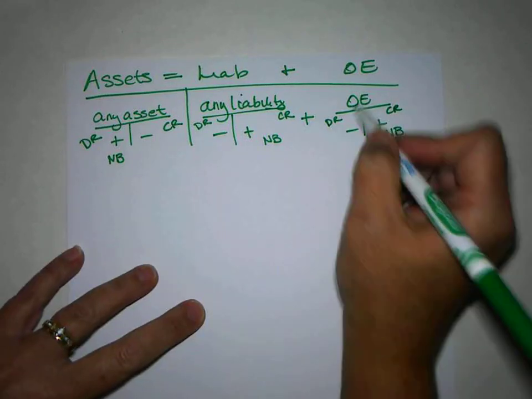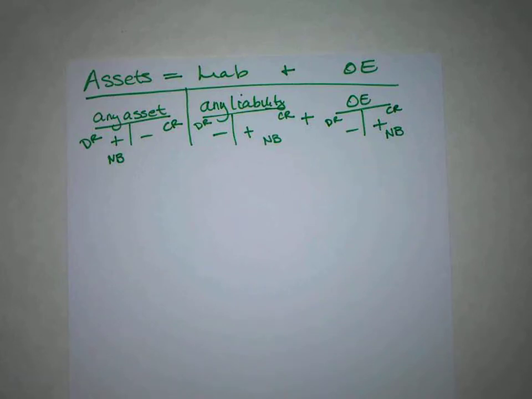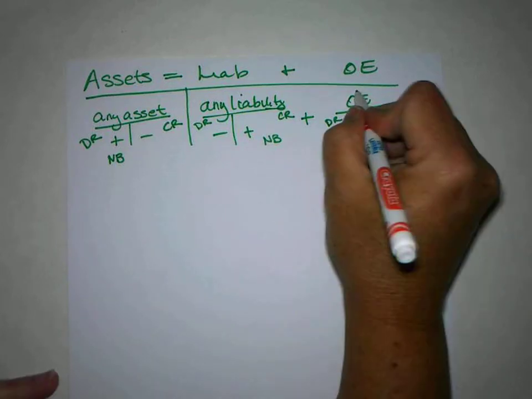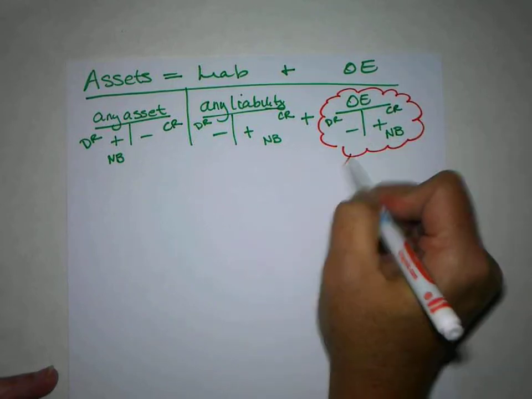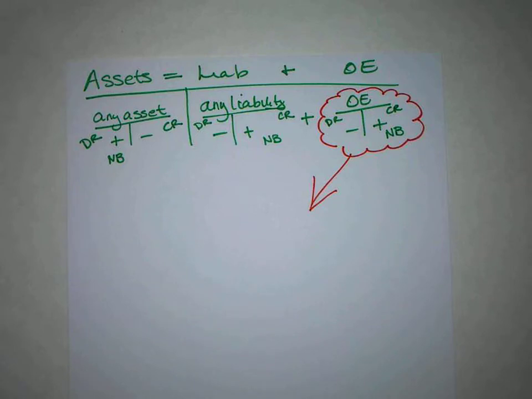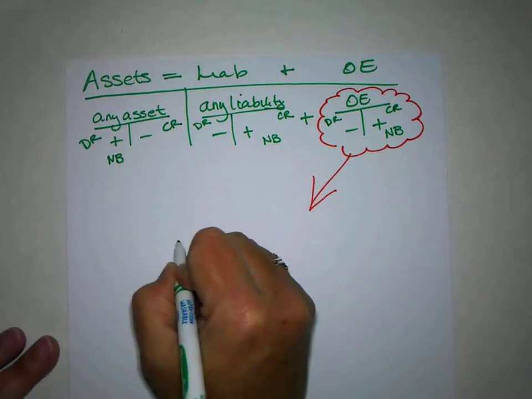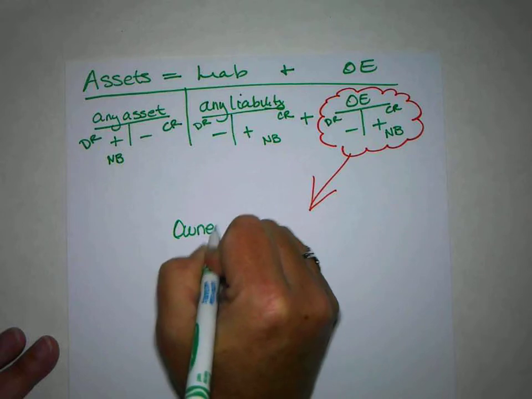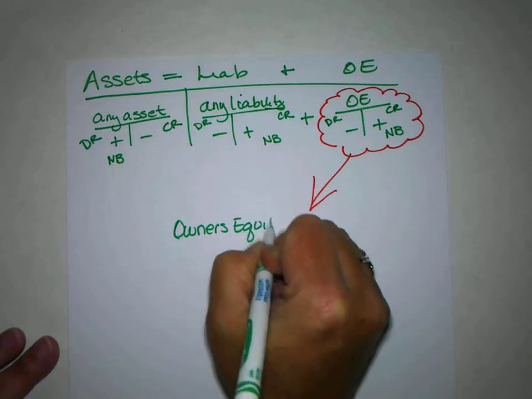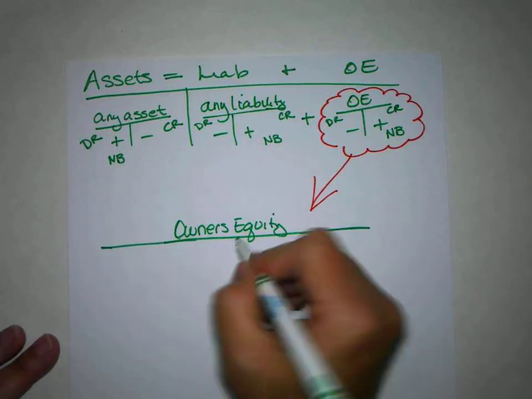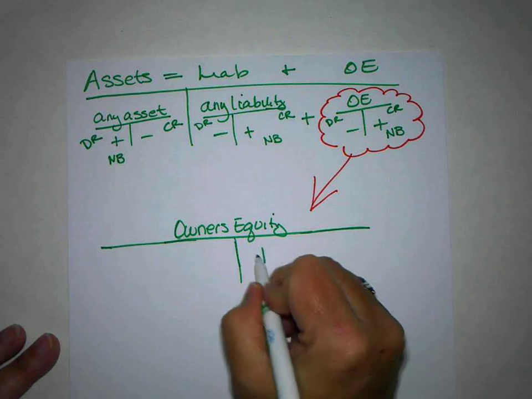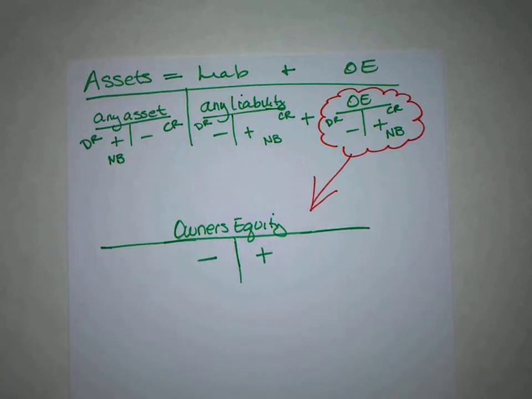Okay, now what we're going to do is take this owner's equity and break it down. So owner's equity in itself is a plus and a minus, right?